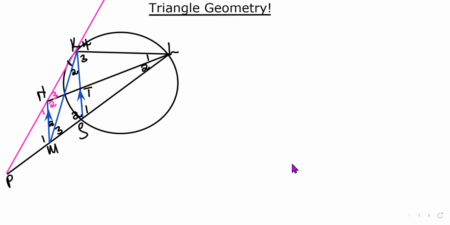The chords KS and LN intersect at the point T.